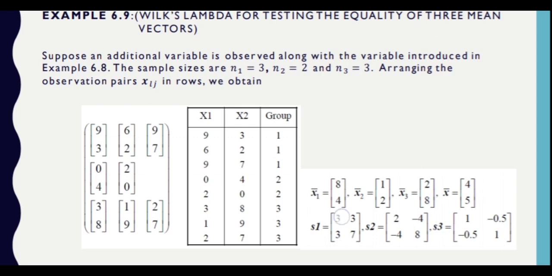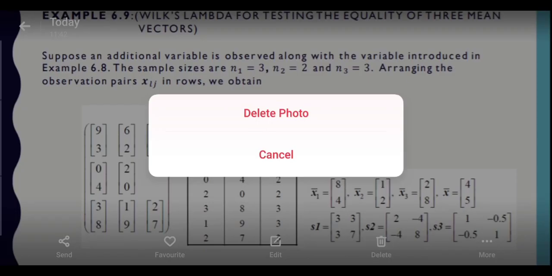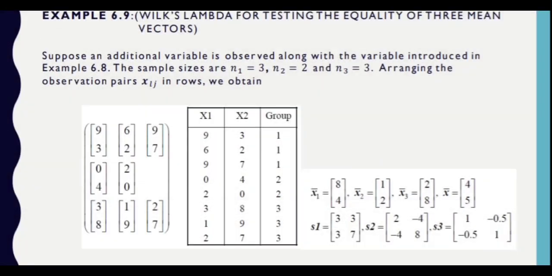Okay, how do you get 3, how do you get 7, how do you get 3, how do you get 7? The 3 means the variance for the first variable in the first population.